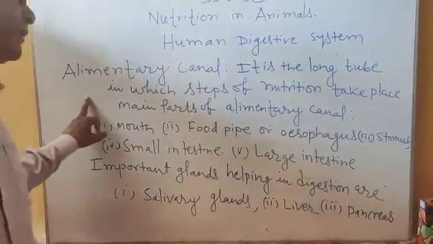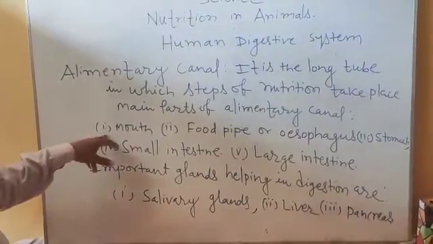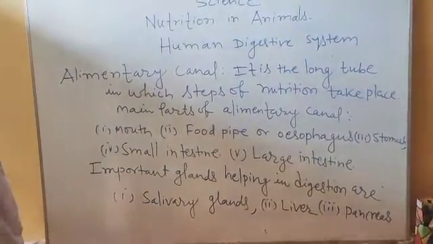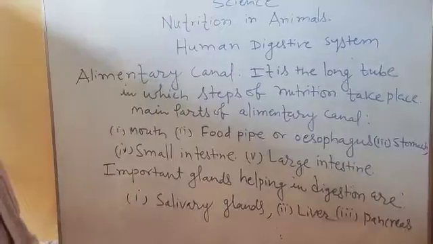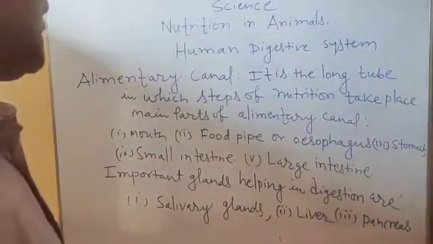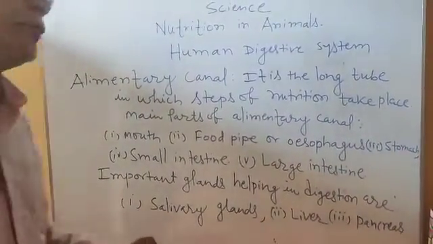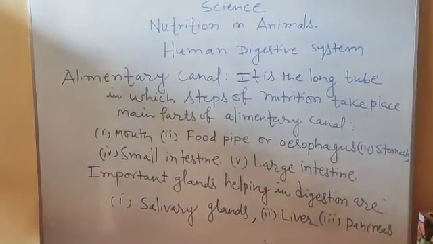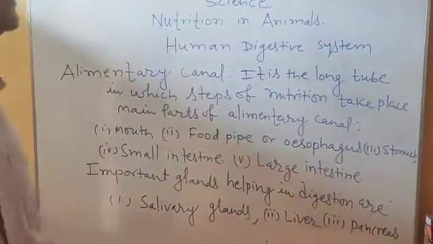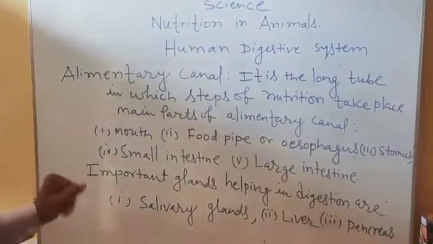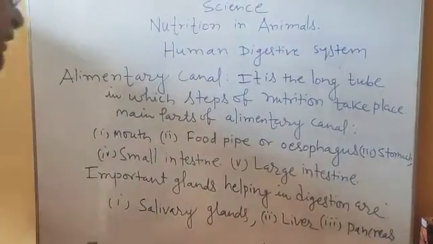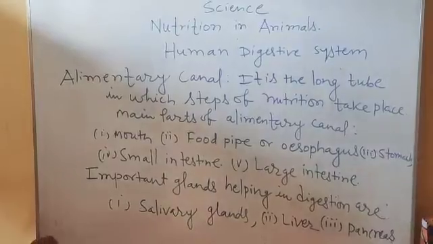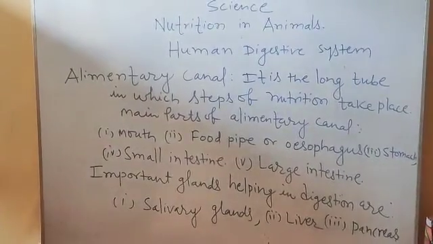Alimentary canal starts from mouth, and when we take food, our teeth bite the food, and with the help of tongue, saliva is secreted by salivary gland. Salivary gland is a very important gland which helps in digestion of food.